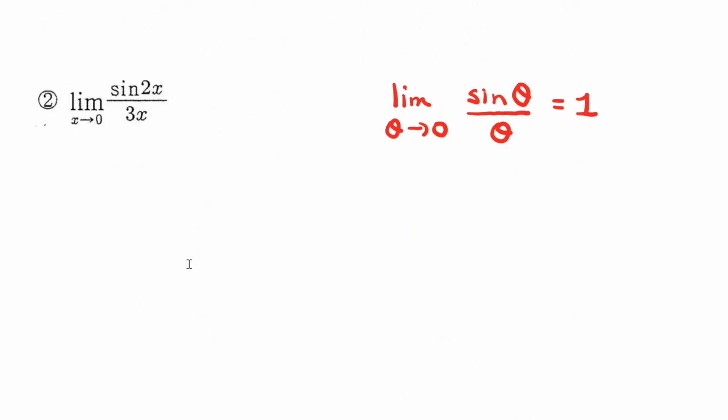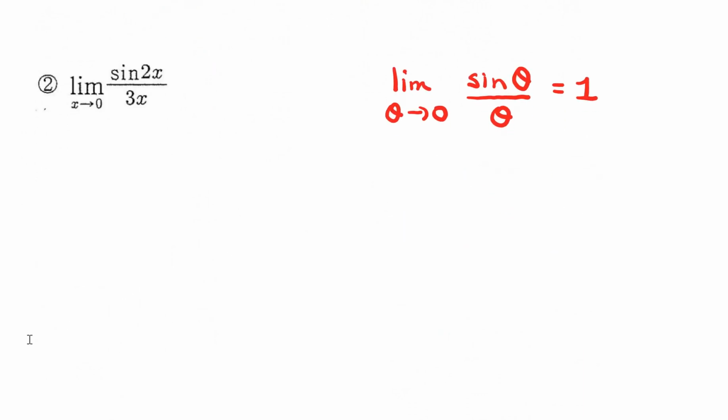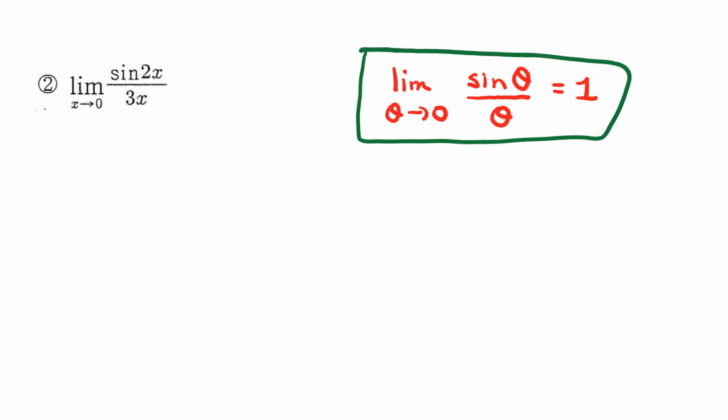Okay, let's move on to question number 2. Once again, I need to use this limit law right here. We're going to start off by writing out the limit statement as x goes to 0. I have a sine 2x on the numerator, so let's write sine 2x divided by, all right, now I have a 3x, so I'm going to write this in a slightly different way.